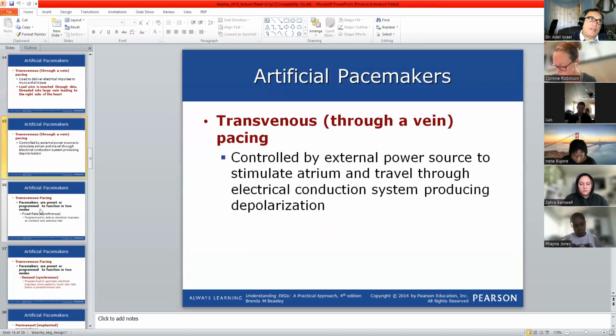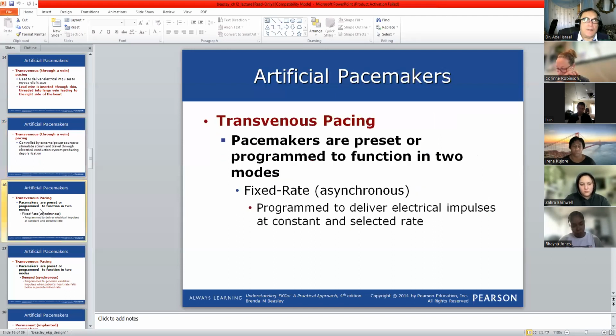Take care of this. Then the transvenous pacemaker is controlled by an external power source to stimulate the atrium and travel through the electrical conduction system, which is already present within our heart. The pacemaker is preset or programmed to function in two ways.